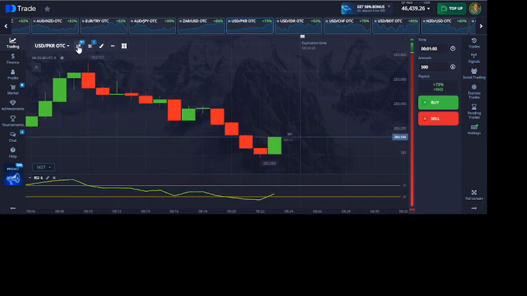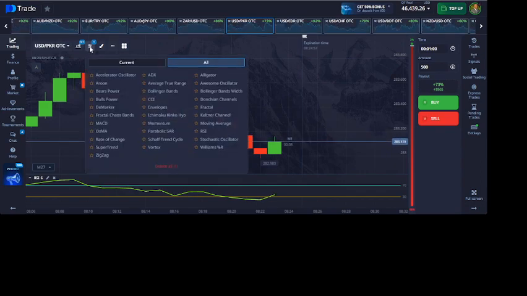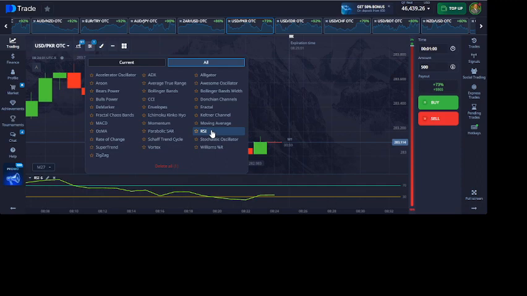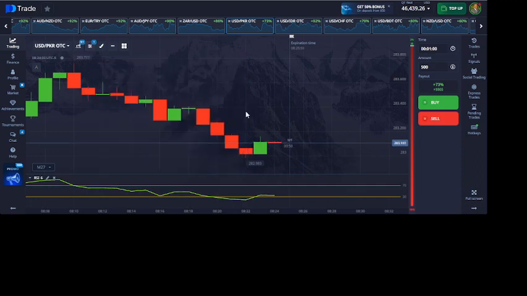Okay, so I'm going to be using one indicator here, and the indicator is the RSI indicator, also known as the Relative Strength Index indicator. Here's the indicator at the bottom of the chart.